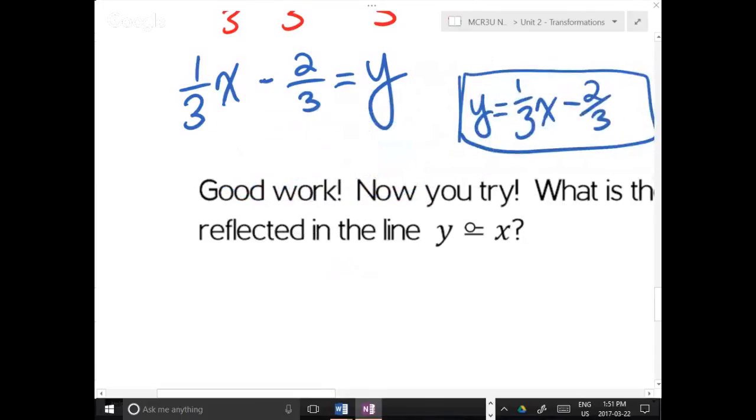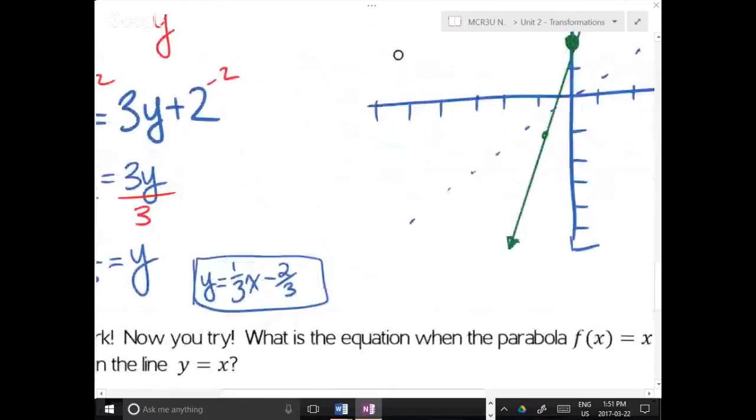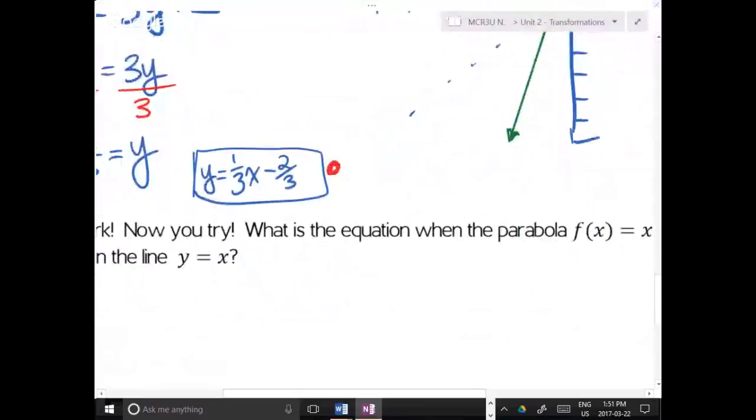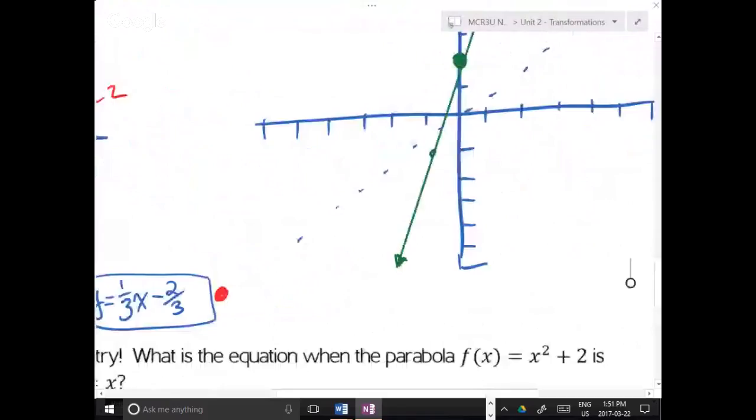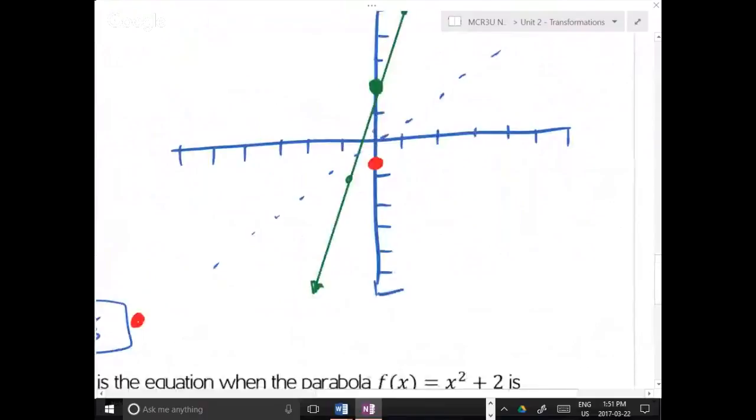Now, can we graph that? Yeah. So we would start at the y-intercept of negative 2 over 3. And what's our slope now? 1 and 3. So we would rise by 1, go over 3. We'd go down by 1 and over by 3.